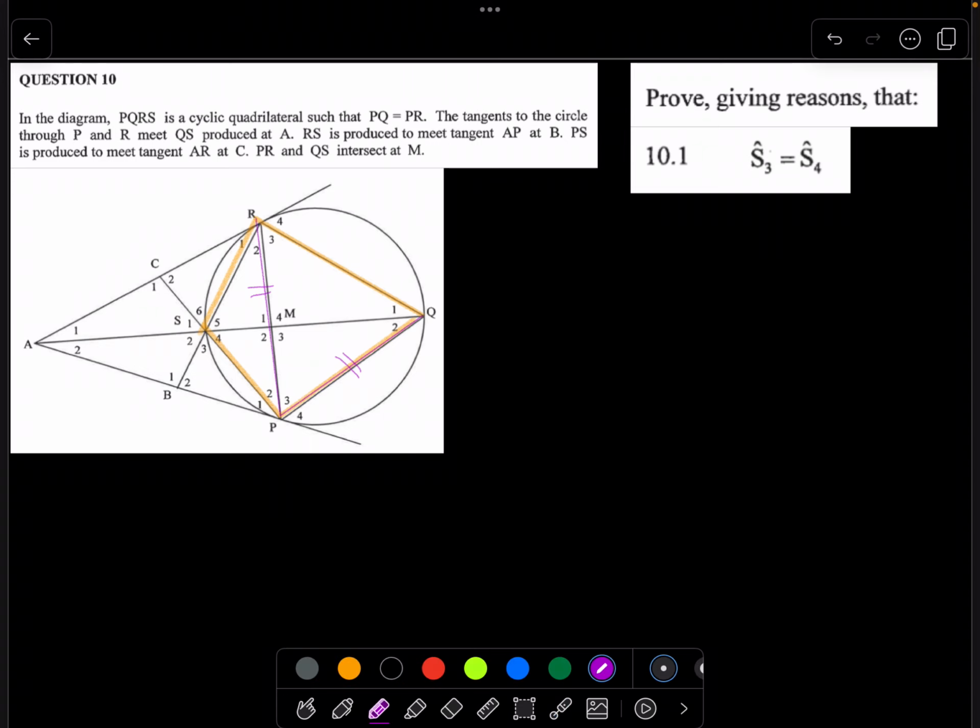Okay, let me just write some things down. So we know that this is equal to this. Okay, and this is an isosceles triangle, so we know that this will be equal to that.